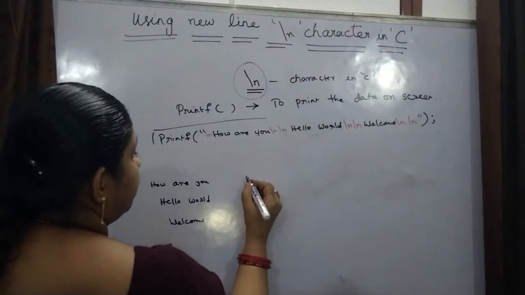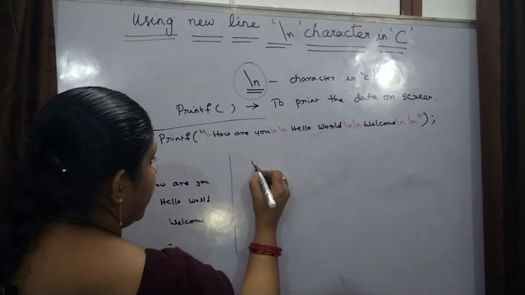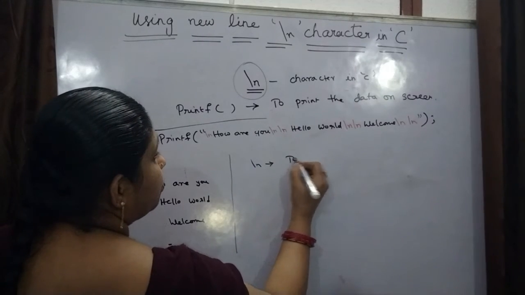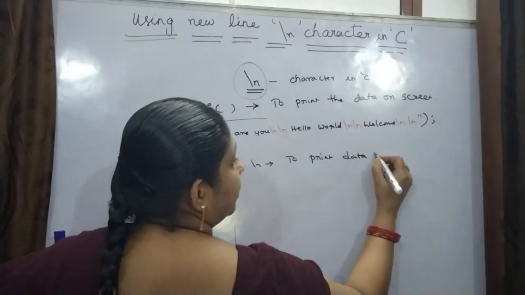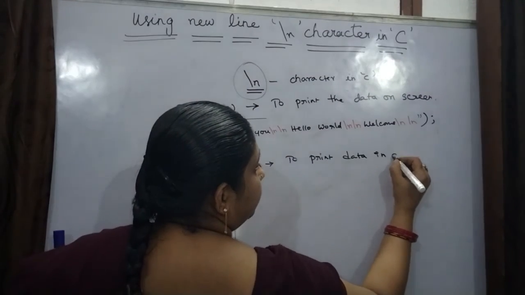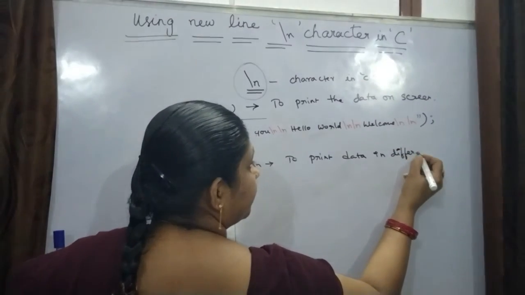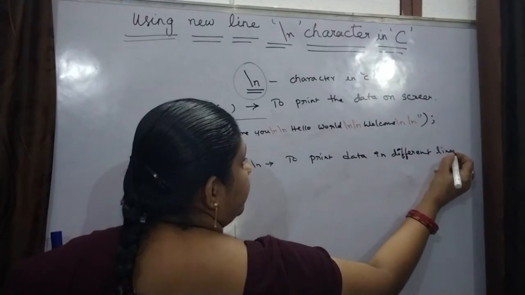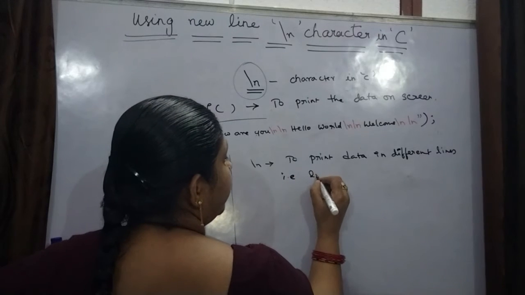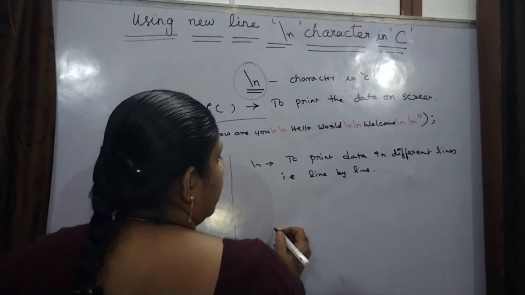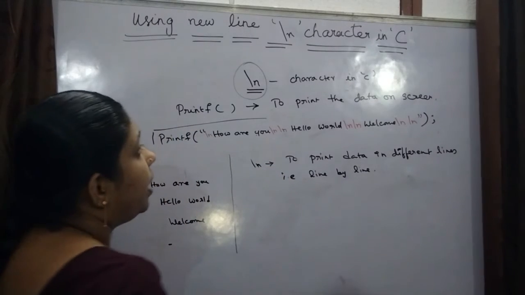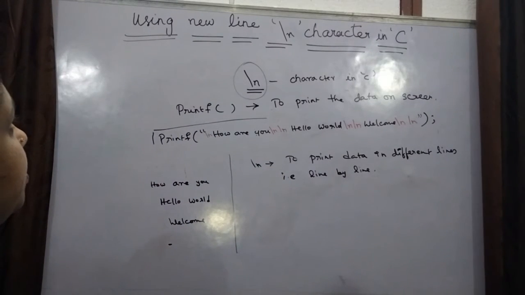Backslash n is actually used to print data in different lines, that is line by line. Okay, I think you understood this.